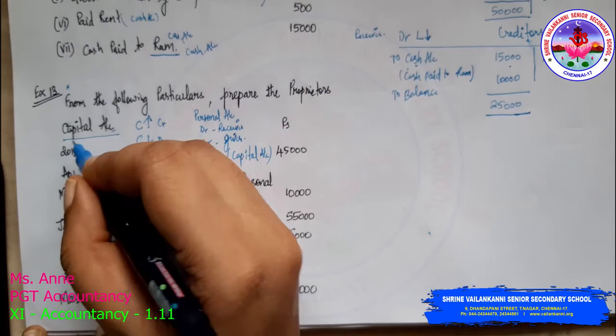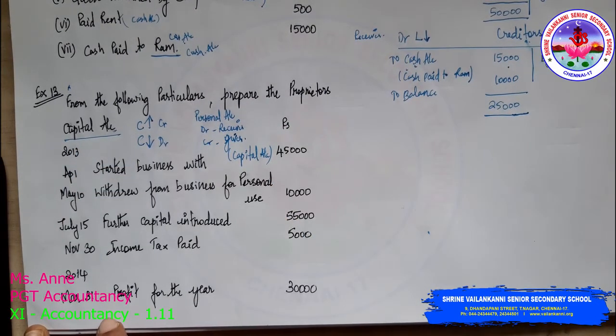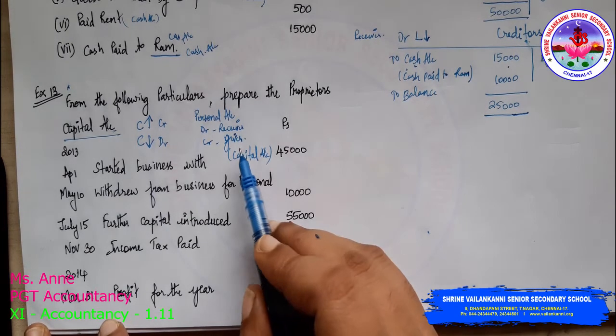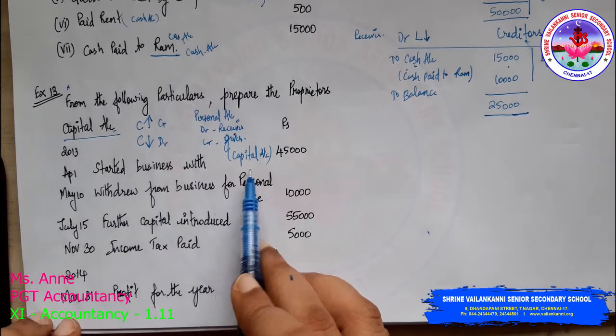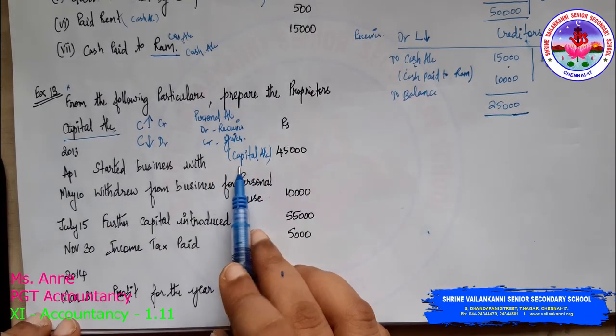Capital is being given by the proprietor to the business. Am I right? So you need to be very careful. So started business with 45,000 as capital.